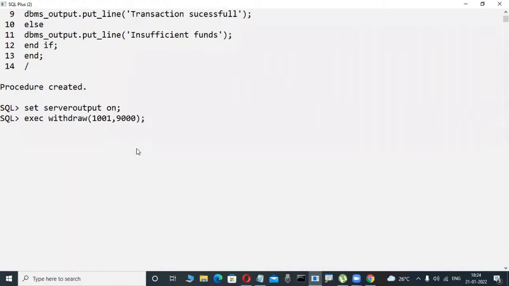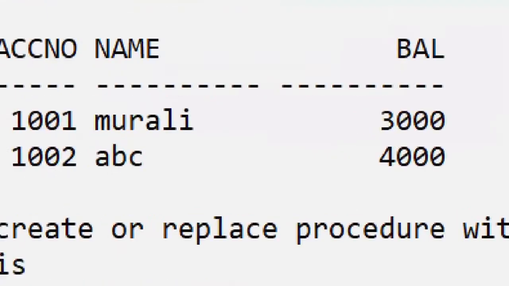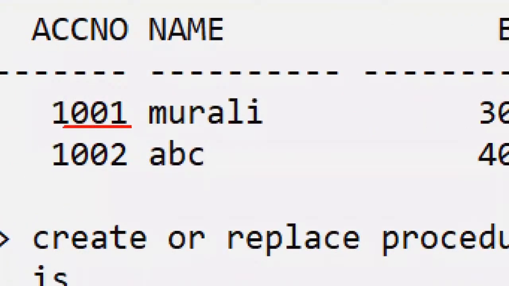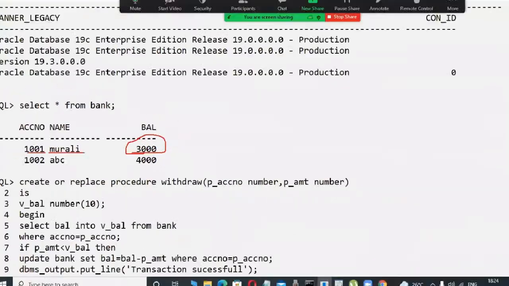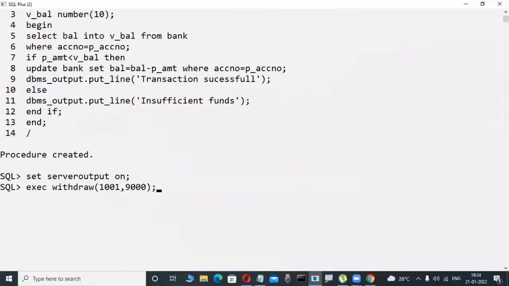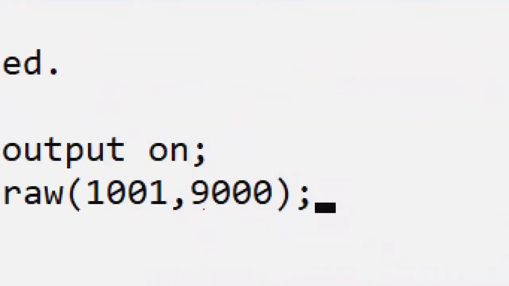Observe my account number in this table, slowly observe it. Scenario, observe the logic: 1001 is my account number, and Murali is my name. My balance is how much? 3,000. In my table, 3,000 is the current balance. My account number is 1001, but I try to withdraw how much? 9,000, because I'm writing this program.